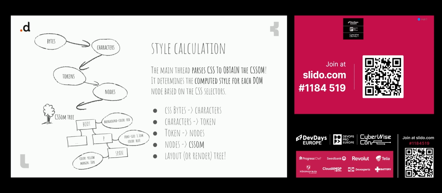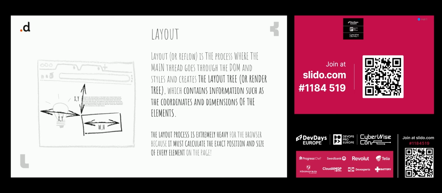It's similar to the previous one, and the process is ready to create one of the most important data structures for our browser. Once the DOM and the CSSOM are created, the main thread traverses the DOM and styles, making a data structure called the layout or render tree.